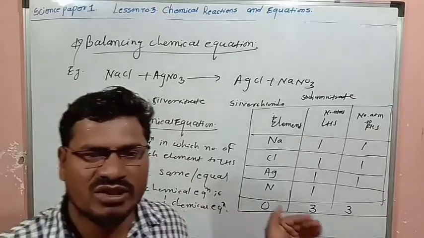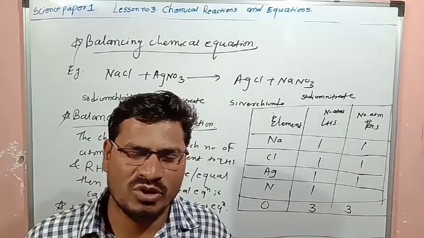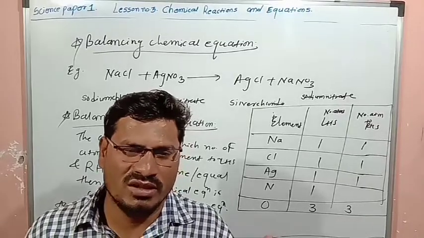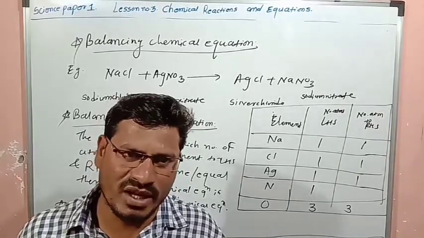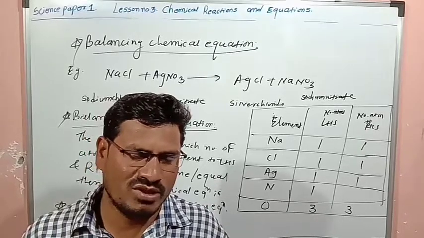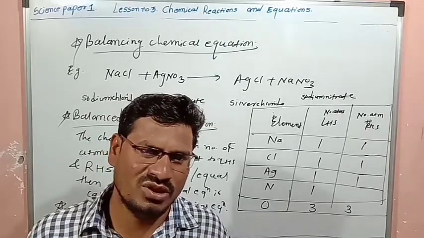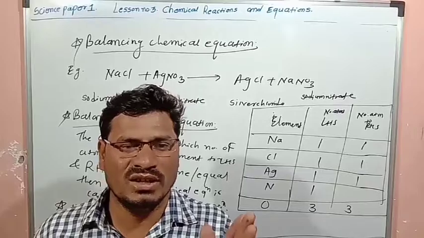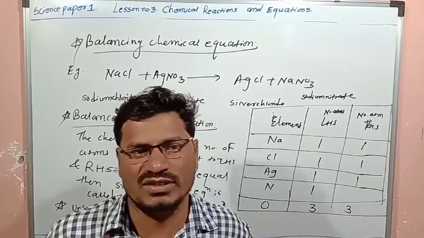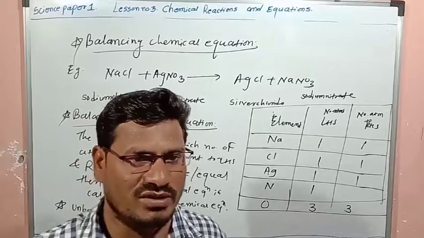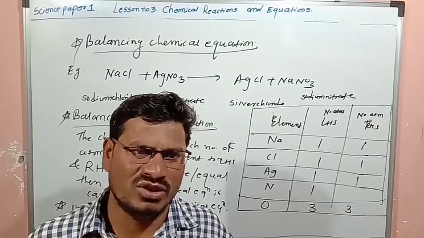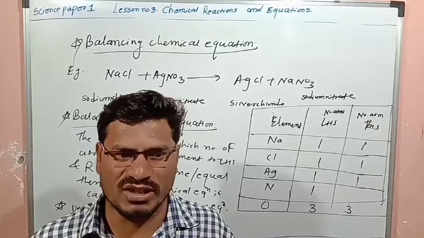The chemical equation in which the number of atoms of each element to the LHS are not equal to the number of atoms of that element to the RHS, then that chemical equation is called an unbalanced chemical equation. So the first step is to decide whether it is balanced or unbalanced.